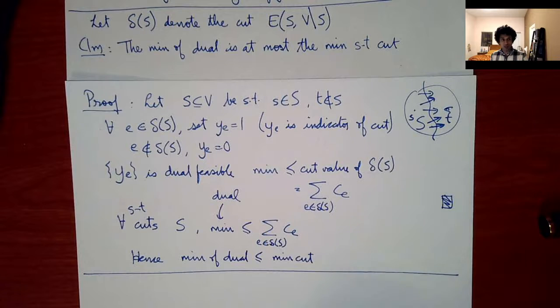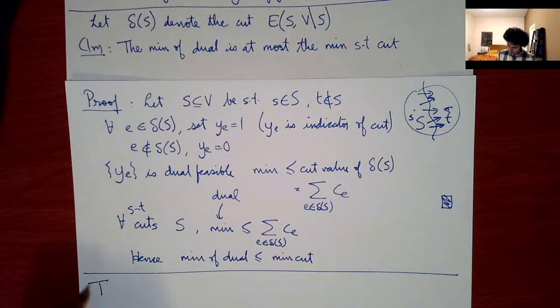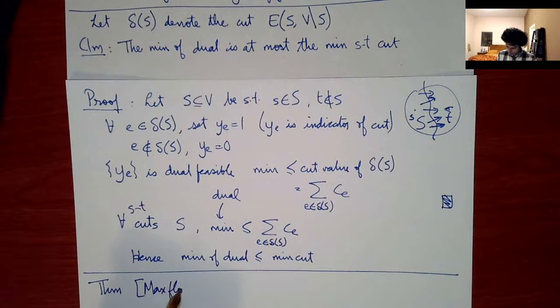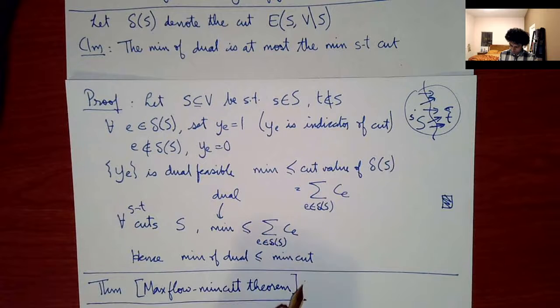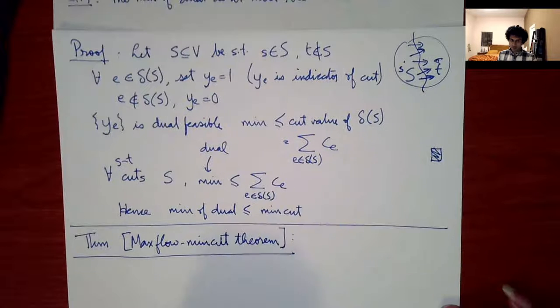Now what the max flow min cut theorem says is that these are actually equal. So this is the famous max flow min cut theorem. There are many ways of saying this.